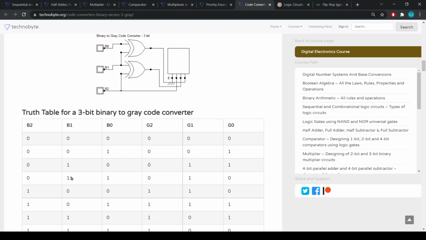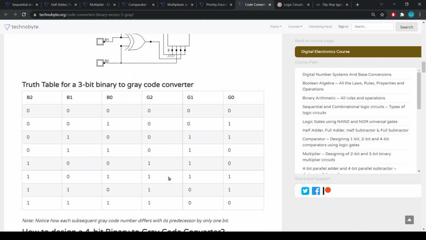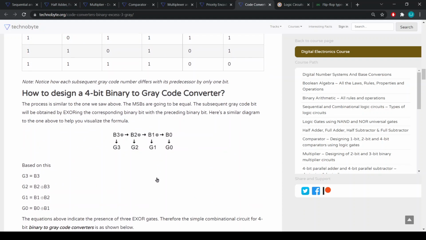So for example, let's look at this. The most significant bit is still the same. So B2 is equal to G2. Then G1 is 0 XOR 1, so this will be 1, and G0 will be 1 XOR 1, which is 0. So that is a 3-bit binary to gray code converter.